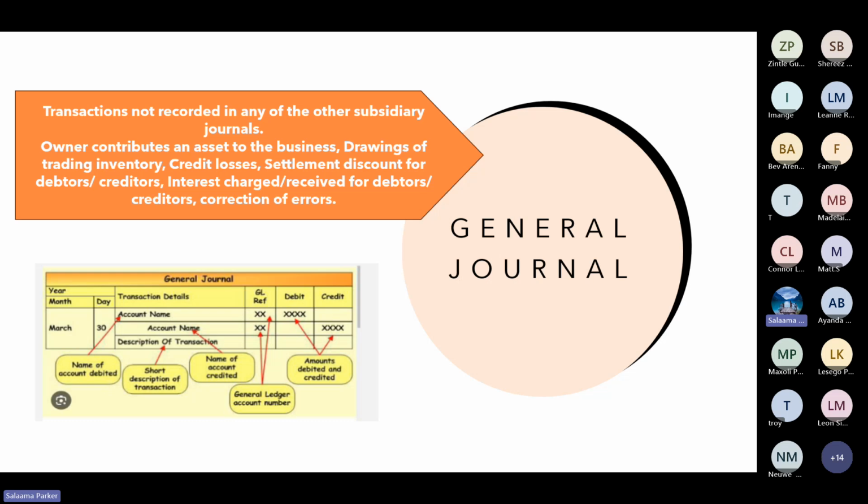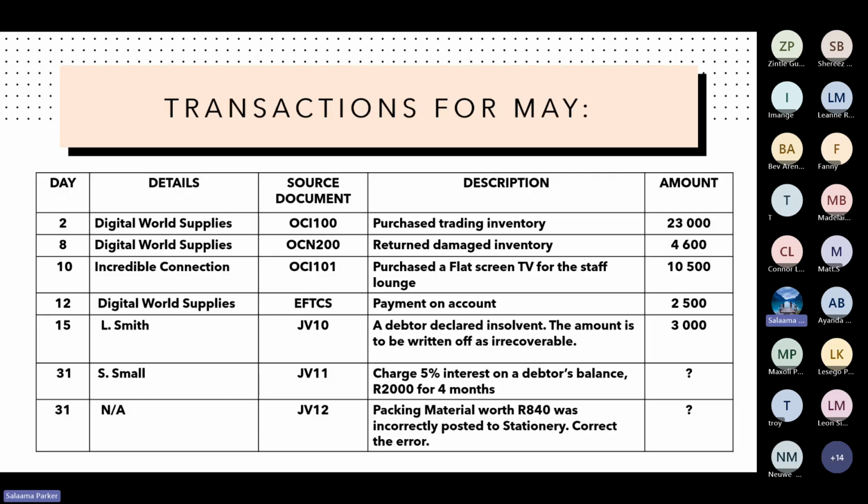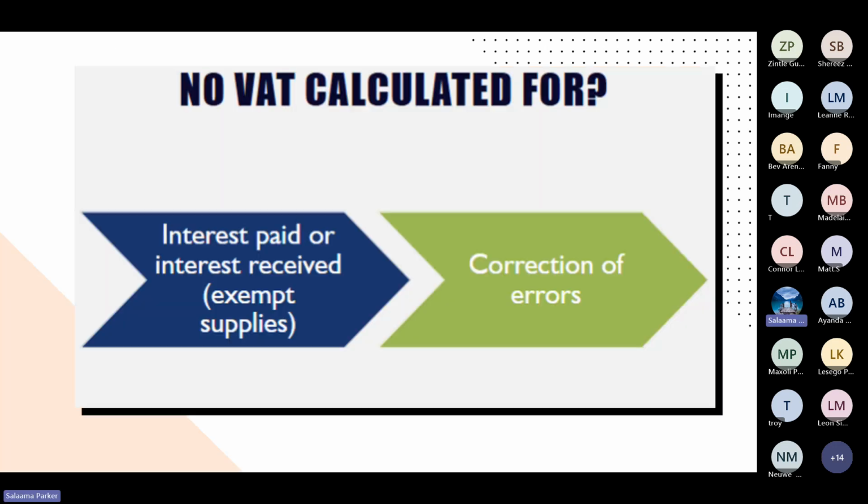That is how we record transactions in our general journal. So it's these three again. Also note, guys, that when we calculate our interest paid or received there is no VAT, and for correction of errors there will be no input VAT or output VAT that we're going to be calculating here.